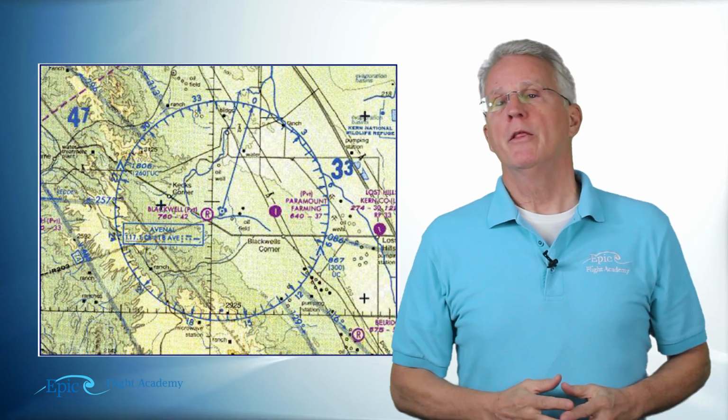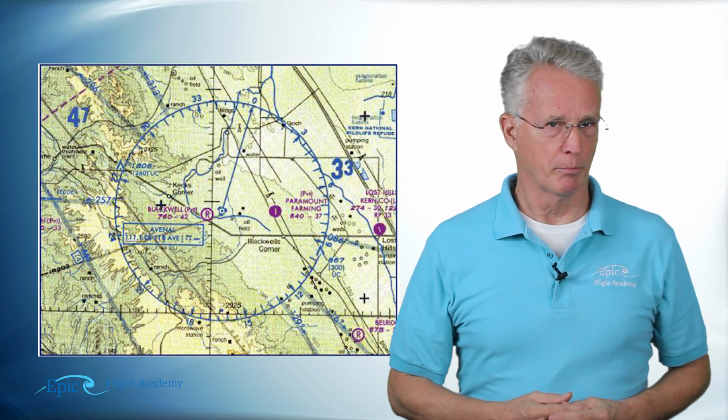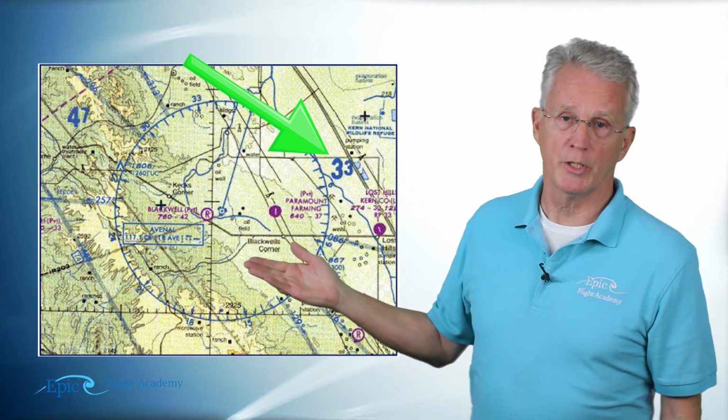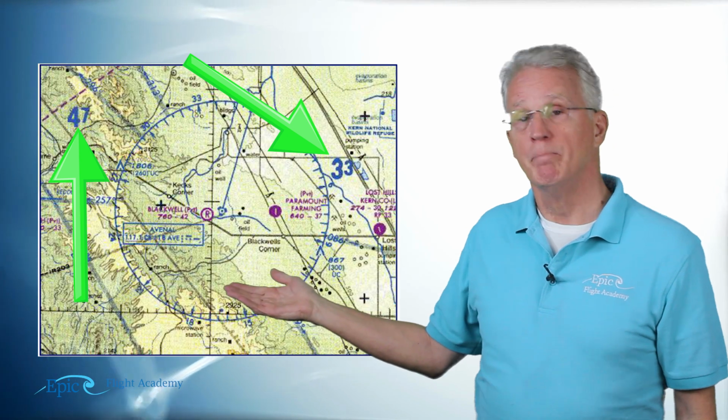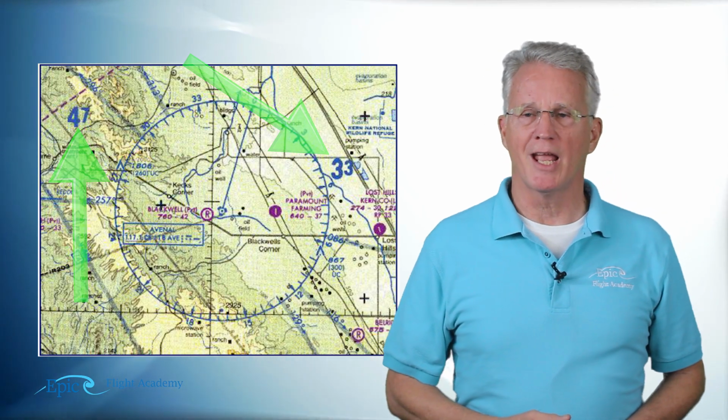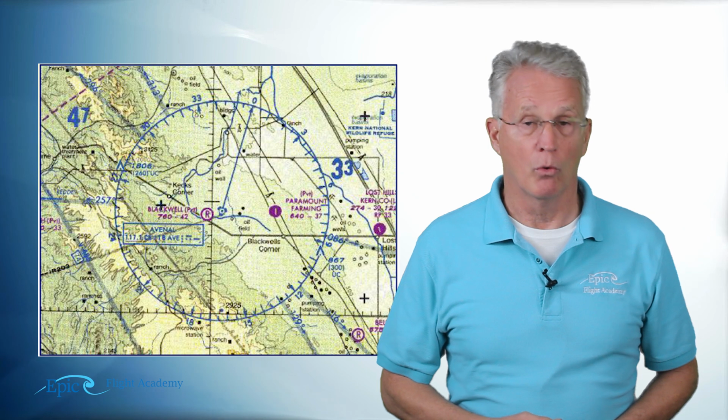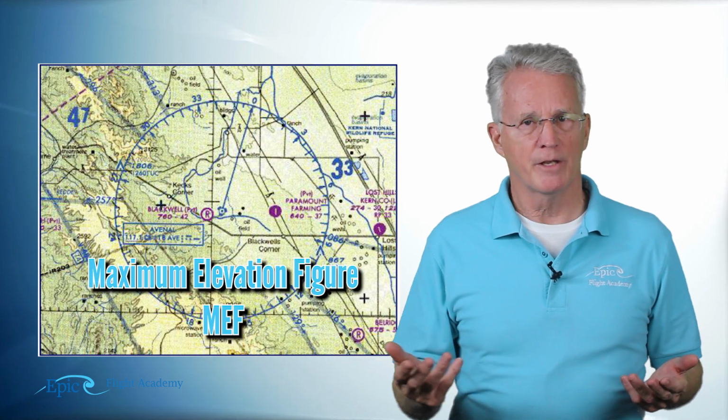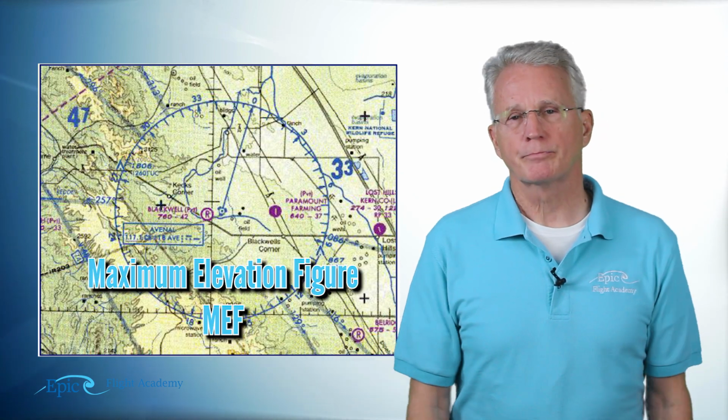Now notice on this excerpt from a sectional chart that inside each box created by lines of latitude and longitude, there is a bold 2-digit number. For example, 33 or 47. This number is known as an MEF, or maximum elevation figure.